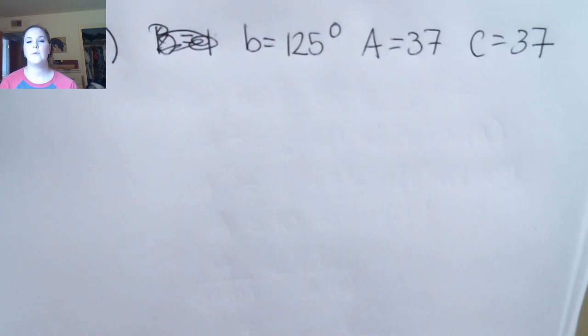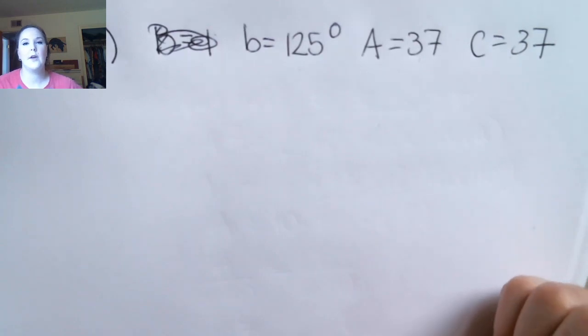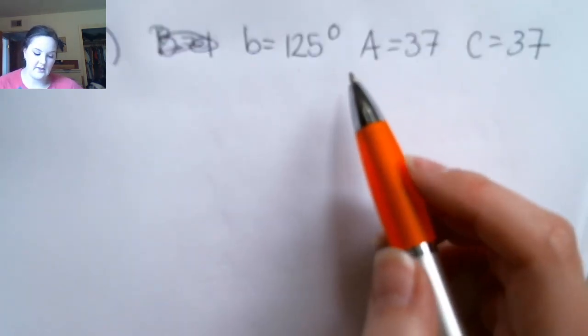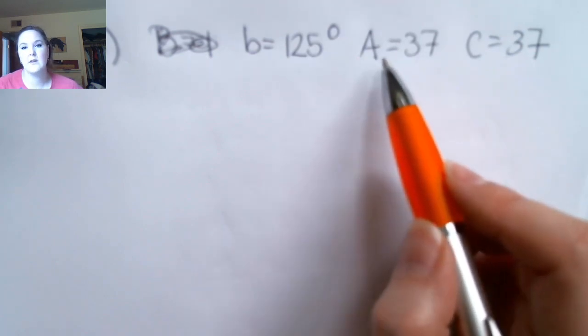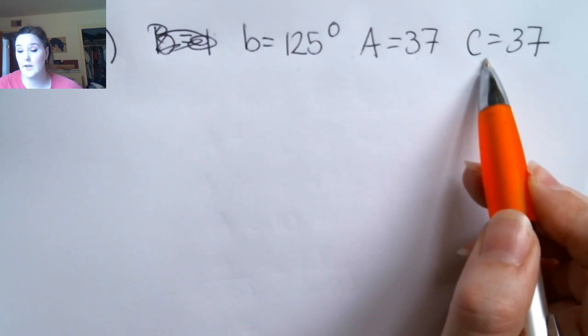Okay, now we certainly could use the law of cosines here. We have two sides and an angle, okay? But maybe easier than that would be to look at this and say that this is an isosceles triangle, right? These two sides are the same length.